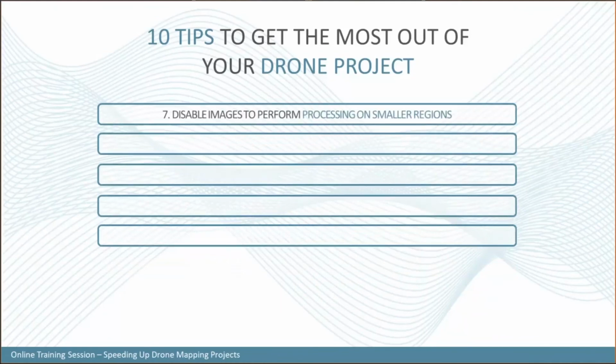If you want to have optimal processing, or you want to process your project on a smaller section, you can do the AT on the big block, but then you can disable images or flight lines to process on a smaller section. So this is one great feature for people that are processing larger projects.